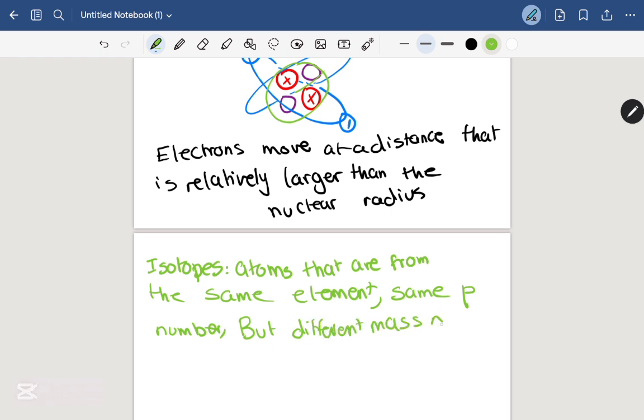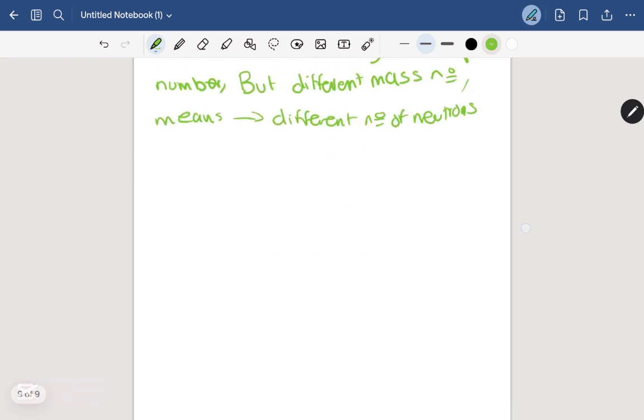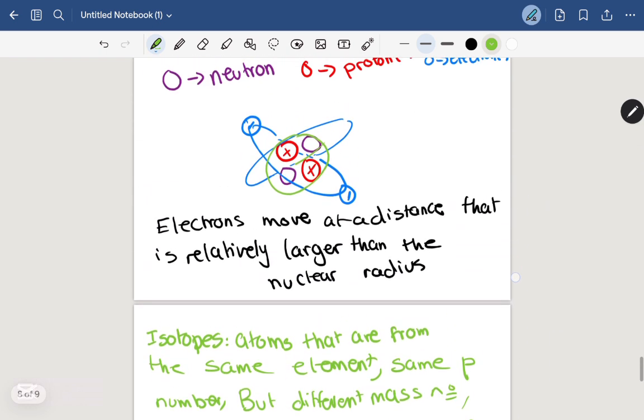So if it has the same proton number but a different mass number, this means that it has a different number of neutrons. Okay?